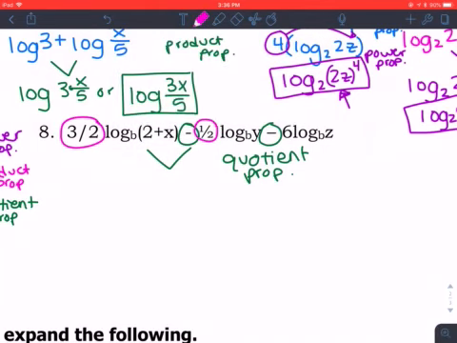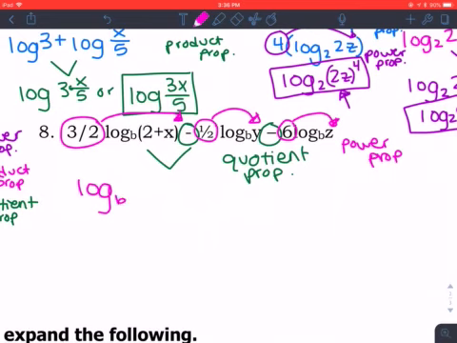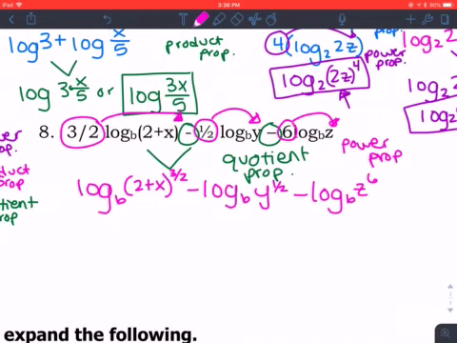Since 3/2 and 1/2 are different, and the 6 is different, we'll use our power property to rewrite our coefficients as exponents. So we have log base b of (2 plus x) to the 3/2 minus log base b of y to the 1/2 minus log base b of z to the 6th.